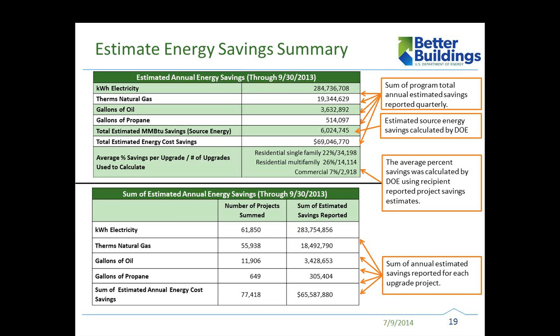Later in the grant, we allowed grantees to do what we called a portfolio average, so they could report all the projects that were completed, regardless of the percentage, as long as the portfolio average was greater than 15%. So there are some reasons why those numbers are different. So, just clarifying what those two tables are for.